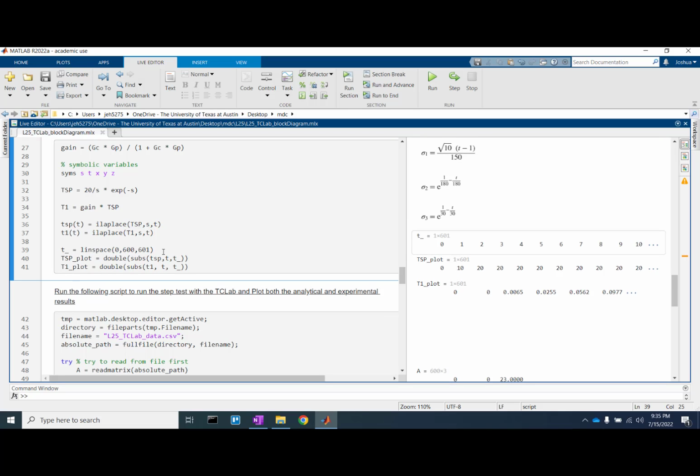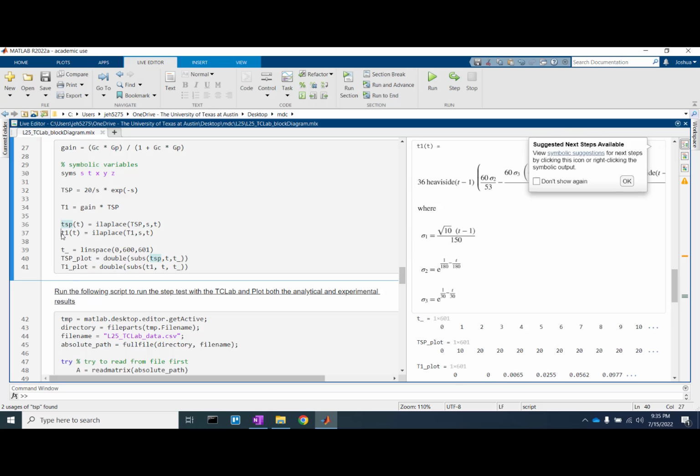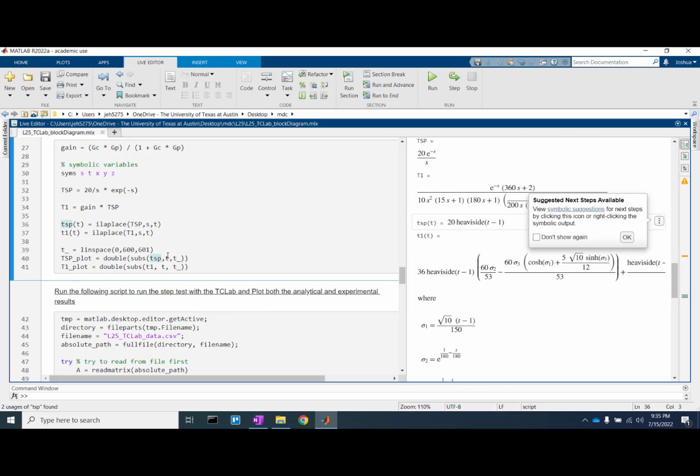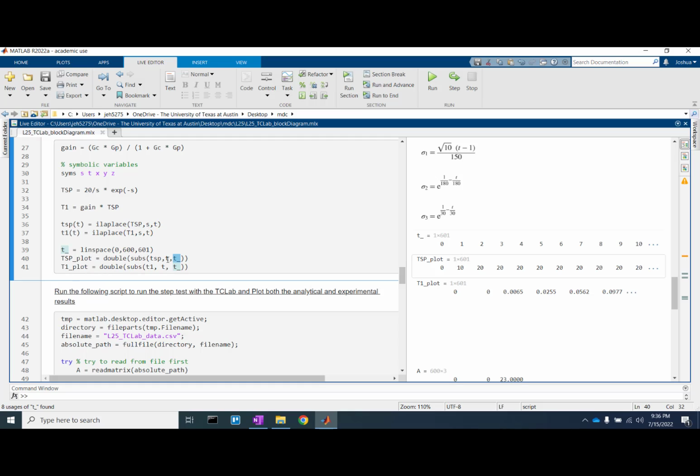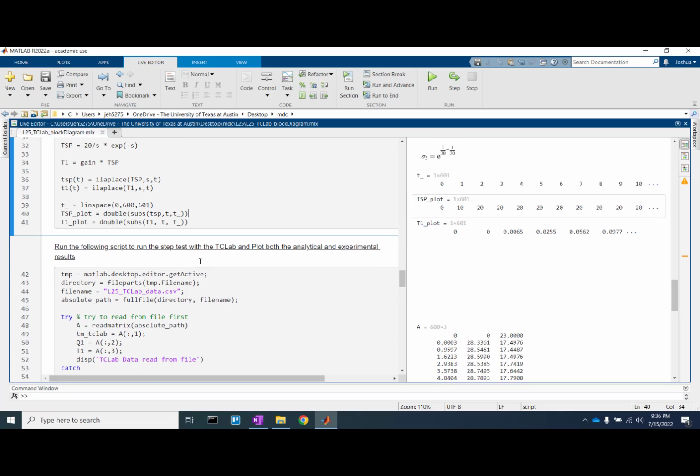We need 601 values for all those seconds. And finally, we substitute that array in. Here, we're going to substitute it into each of these two symbolic equations, putting the array in for the variable T, and then we're going to evaluate it as a double, as a decimal number.